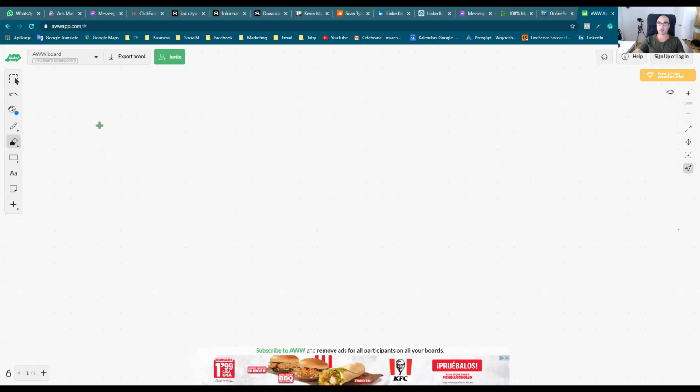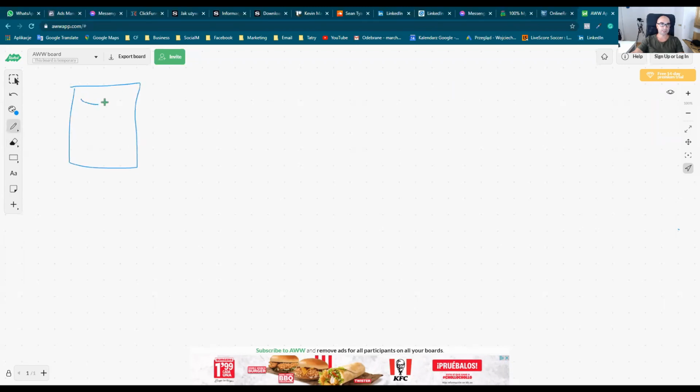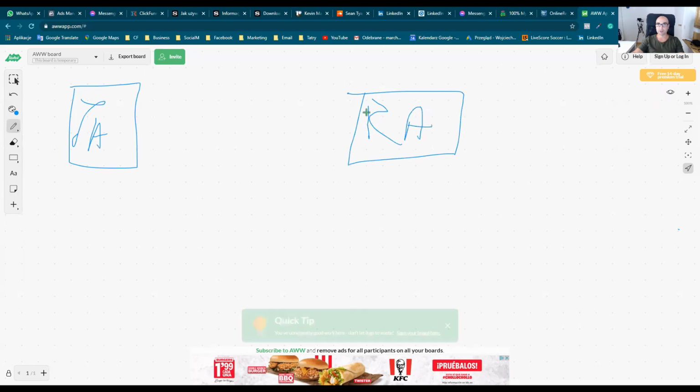Okay, so before we go deep into this, let me just show you the difference between a job agency and a recruitment agency. Let's say this is a job agency, and this is a recruitment agency. What is the difference actually? Many of you probably know, but maybe some of you don't.